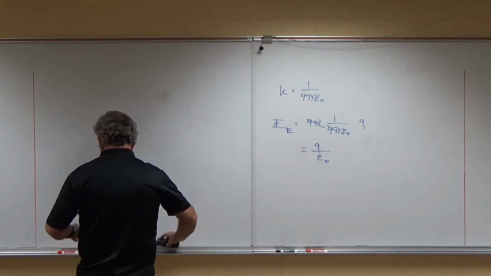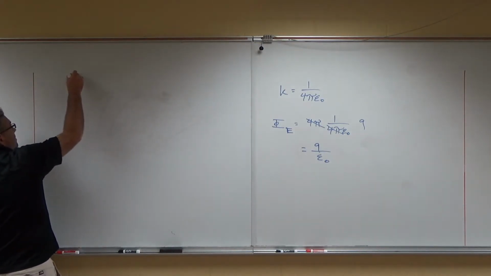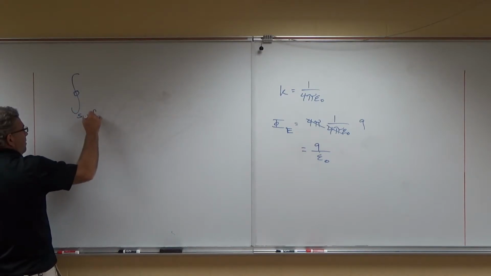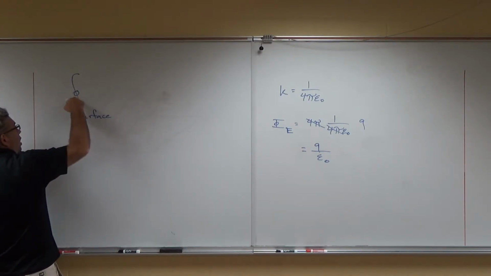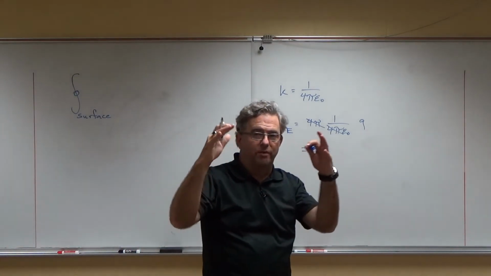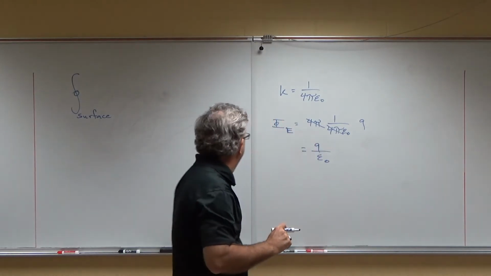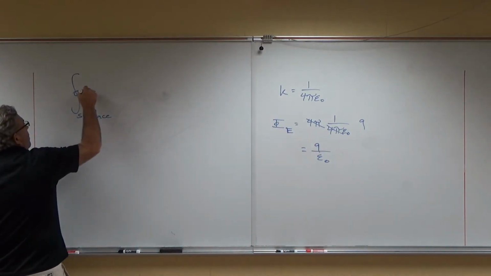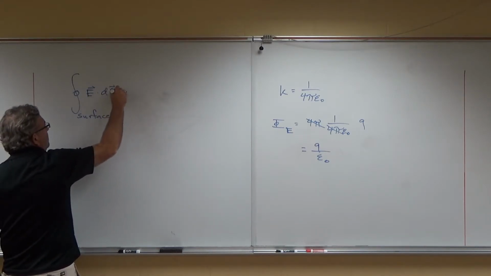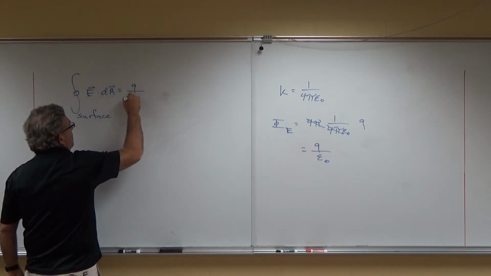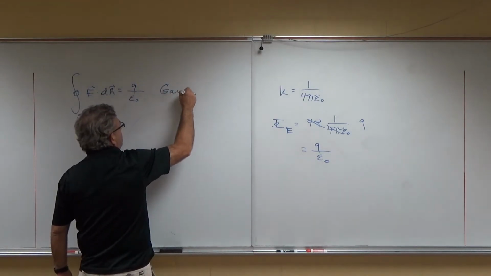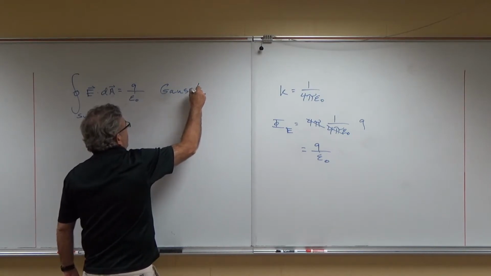Gauss's law is this closed integral. So a closed surface, remember that I integrated over that closed sphere. So the closed surface integral of E dot dA is equal to Q over epsilon naught. This is Gauss's law.